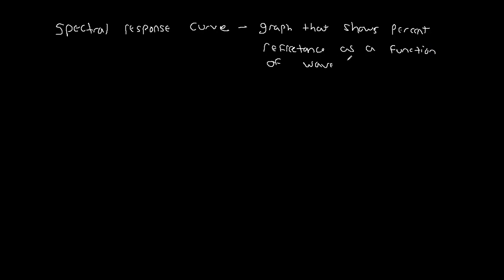And we said that a spectral response curve was basically a graph that shows percent reflectance as a function of wavelength. So this is sort of the definition that we've assigned to this idea of a spectral response curve.